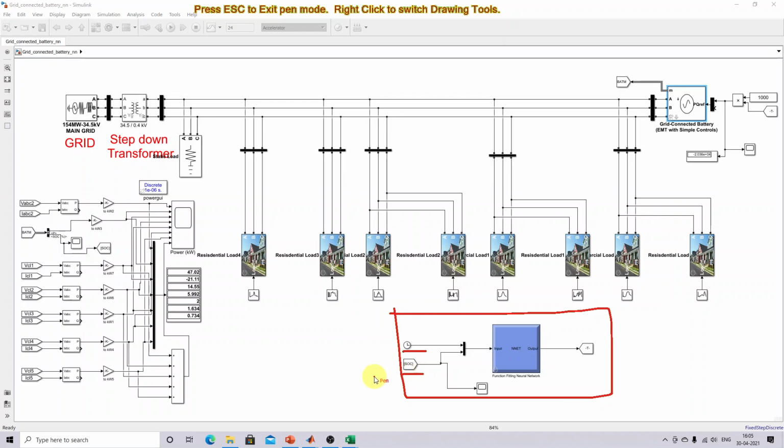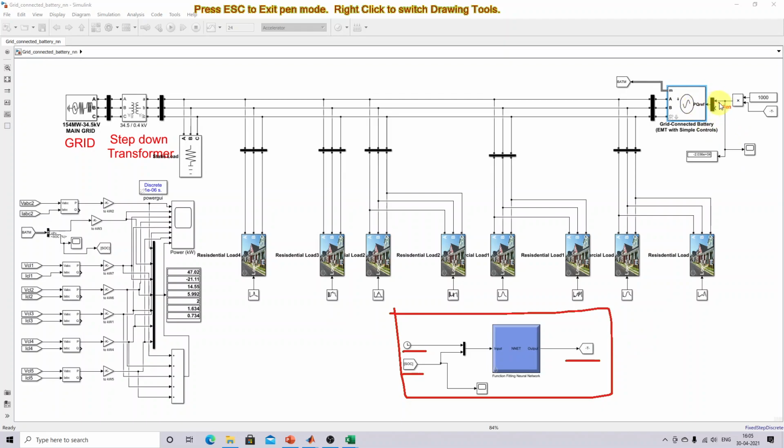Based upon the time of the day and the SOC level of the battery, the neural network is going to provide the required power, that means how much power the battery is going to share to the grid connected system. That command is going to be generated by this neural network, based upon the two inputs, time of the day and SOC, state of charge of the battery. Okay, so that is going to be given as input for the grid connected battery.